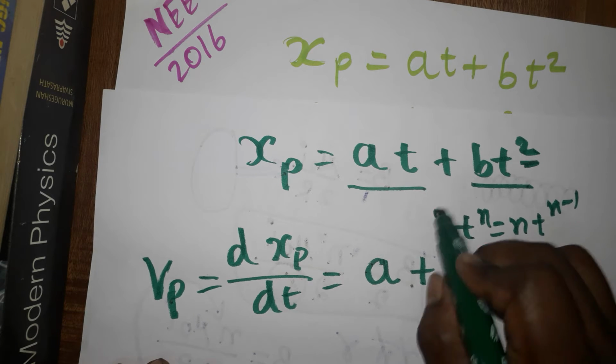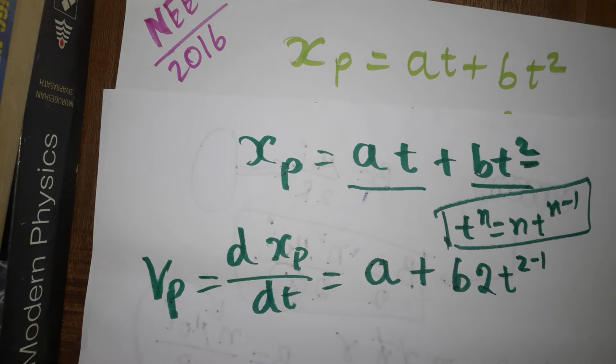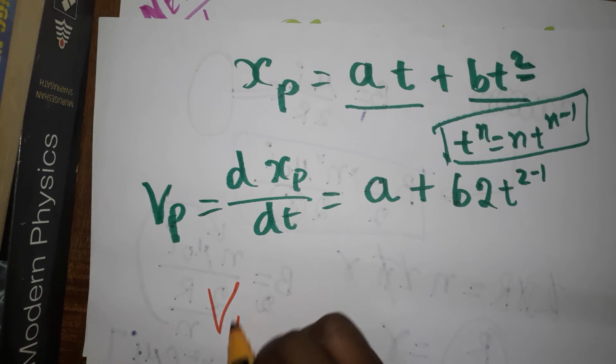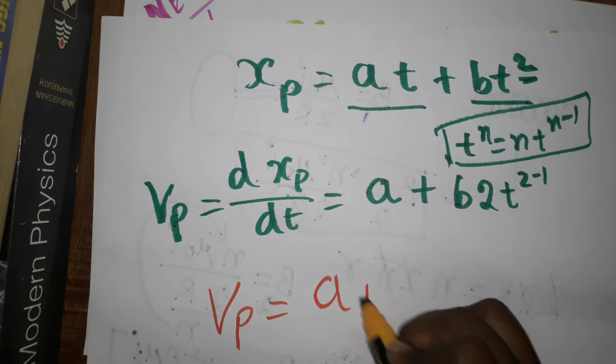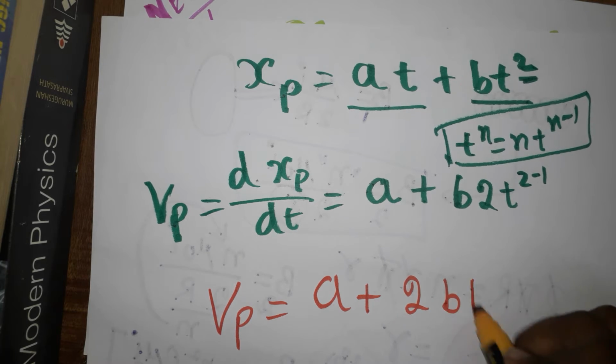Now the final equation: velocity of P car is equal to A plus 2bt.